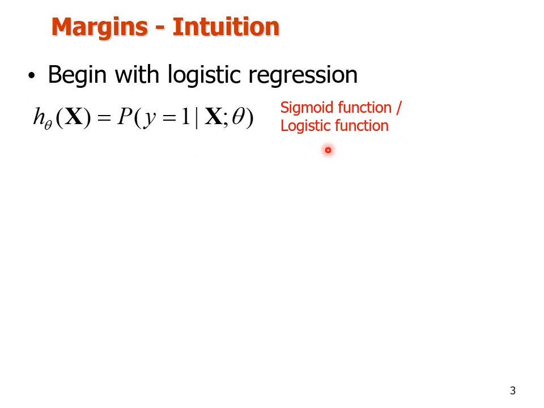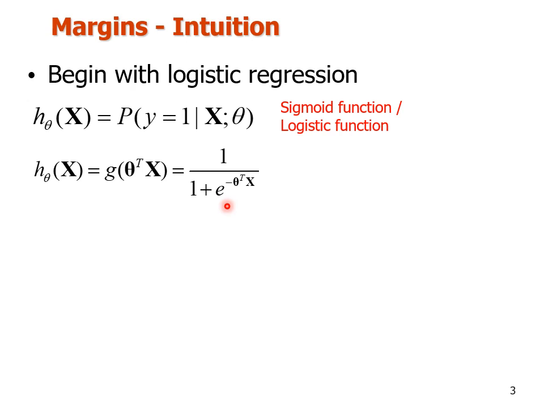This h theta x is denoted as g of theta transpose x, where this g of theta transpose x is a sigmoid function and it is given as 1 divided by 1 plus e to the power minus theta transpose x.